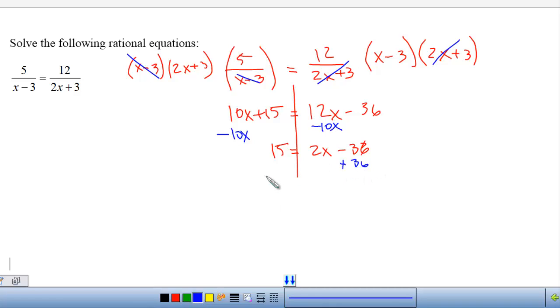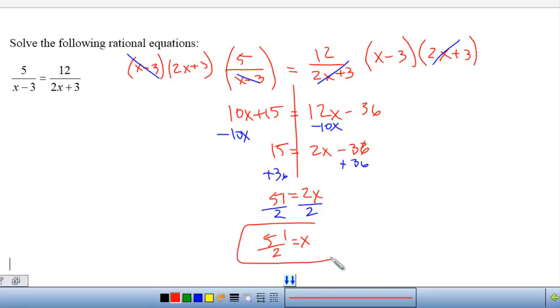Add 36 to both sides. And I get 30, 40, 51. Divide by the 2. And x equals 51 halves. Simple as that. Let's take a look at another example.